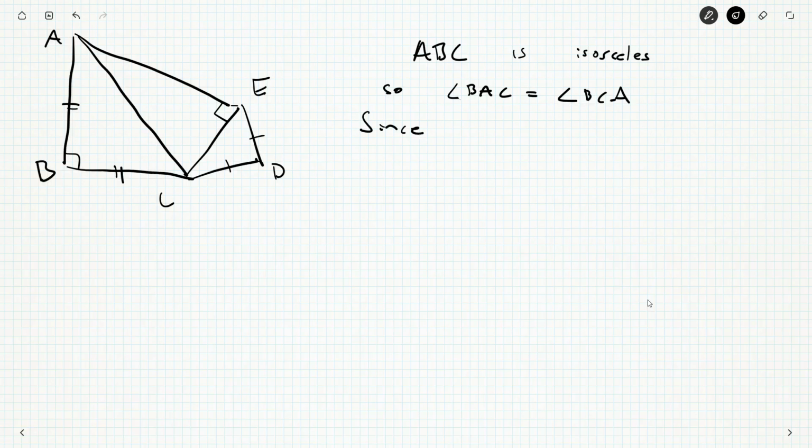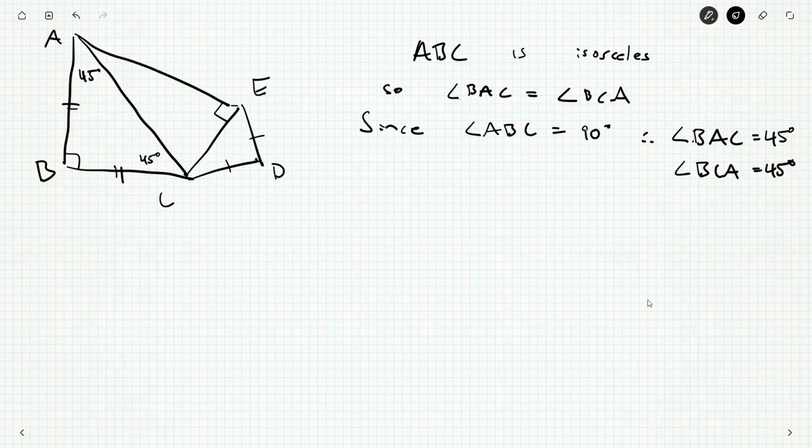And I might say something like, since angle ABC is 90, therefore both of these guys. You could turn it into an algebra thing, but you got bigger fish to fry in this question. So we're just going to say, yep, we know these angles. These ones are 45. And we still have our 2 root 2 here.